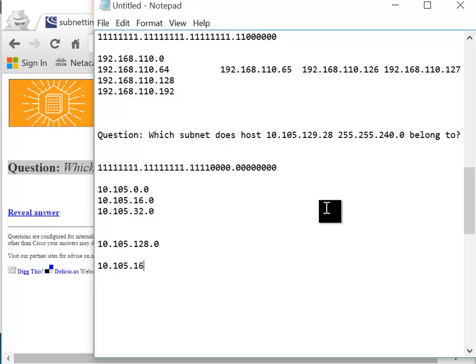Oh, sorry, not 160. That's plus 32. Plus 16 is going to be 144.0. Right. So the host 10.105.128.28 belongs to subnet 10.105.128.0.